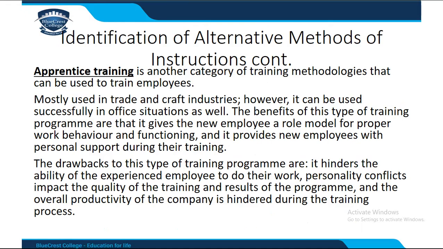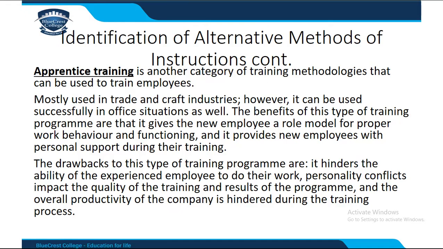Then we also have the apprentice training, right? And this is one category of training that most organizations use to train their employees. It is used for training employees in trade and craft industries. So you realize that people go and understudy an experienced professional, or an experienced tradesperson, and they get to learn from them.